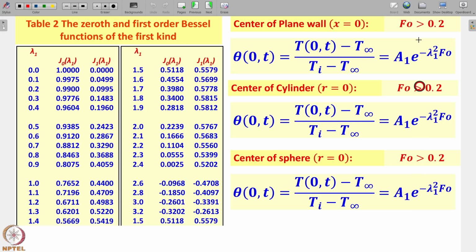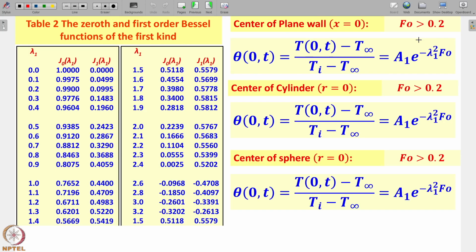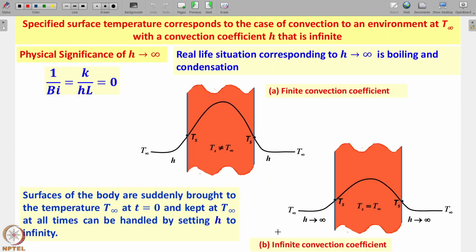Now a very interesting case we come across is that if you go to this table, for a Biot number of infinity also there is a value given. How can I realize Biot number infinity as an engineer? Biot number infinity implies that the heat transfer coefficient is very large.